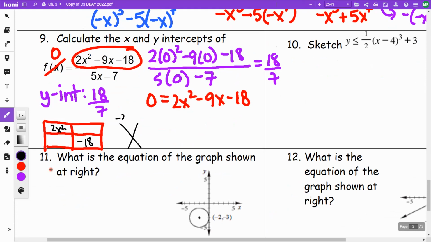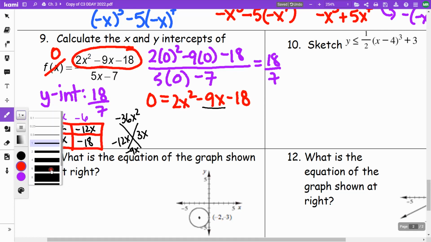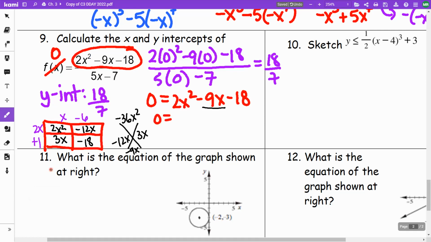That is going to multiply to a negative 36x squared, and I have to get a negative 9x. So for that, I'm going to do a negative 12 and a positive 3. So that's going to give me a 2x and an x. This is going to be a minus 6. This is going to be a plus 1. So I have 0 equals 2x plus 1 times x minus 6. So my x-intercepts are negative 1/2 and 6.